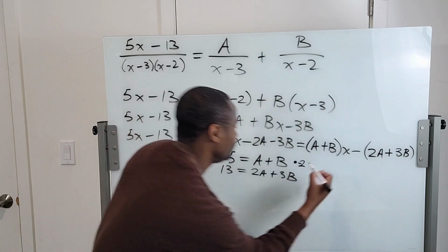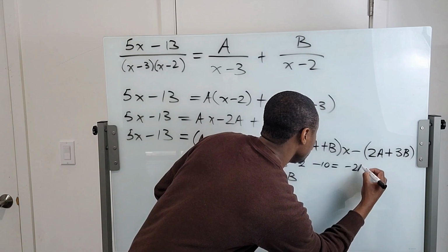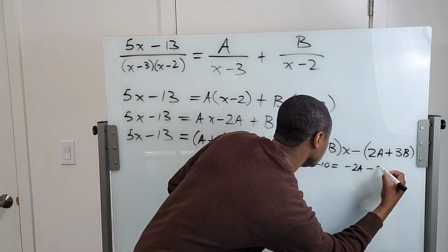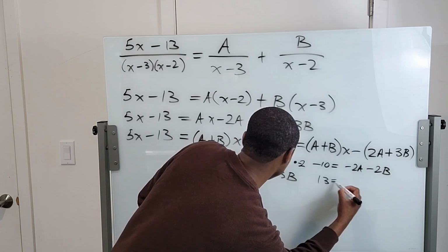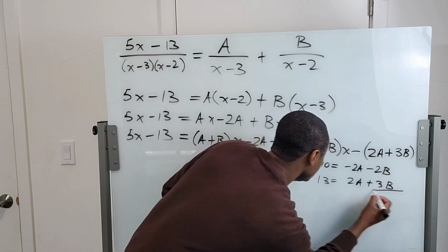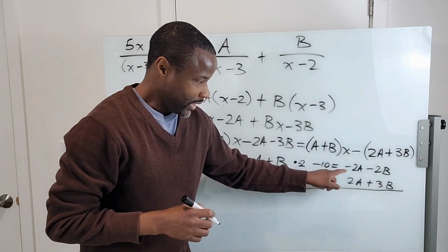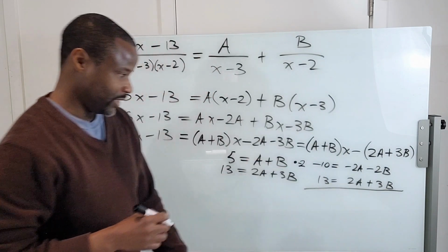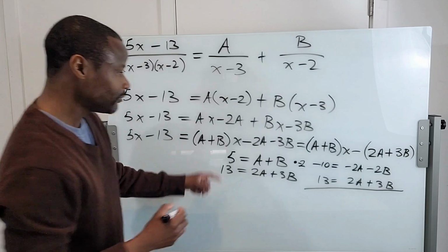That gives me negative 10 equals negative 2A minus 2B. And below it, I have 13 equals 2A plus 3B. Makes it easier to simply add when I have my negative 2A and positive 2A because the 2A's cancel. So let's go ahead and add those together.